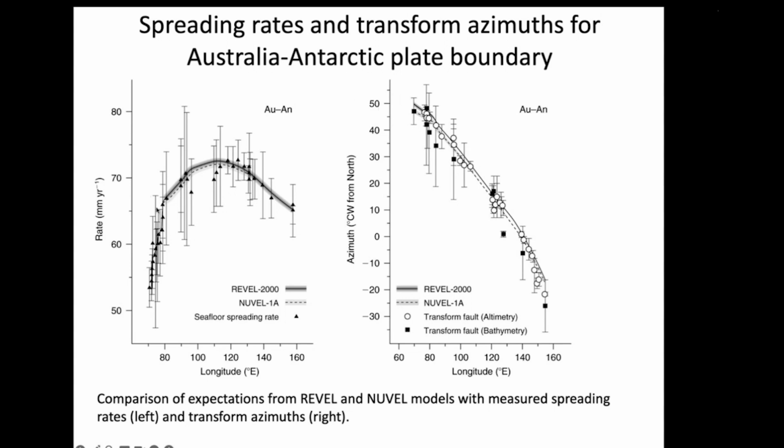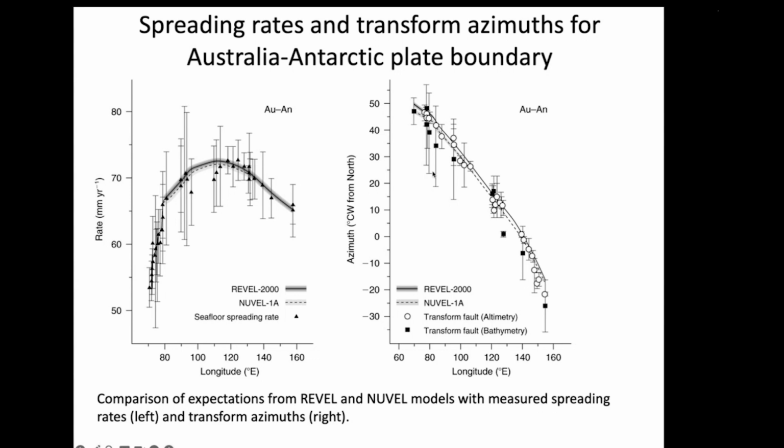And what we can see is the curve for Revel, and in the dashed line, the curve for Nouvelle. Revel is instantaneous, Nouvelle is geologic. I apologize. And so they agree very nicely. They couldn't agree better.